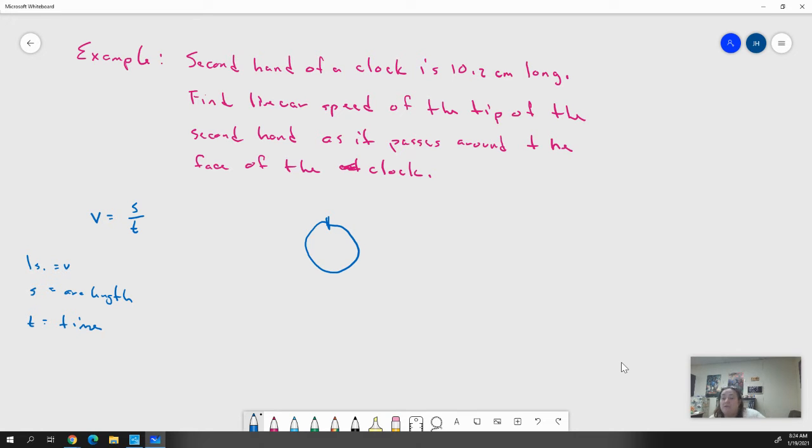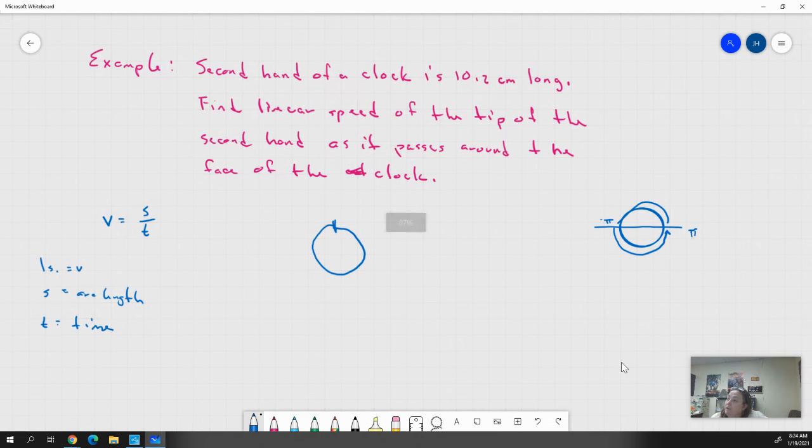In this case, our arc length would be 360 degrees, but we need it in terms of radians. We talked about this the last time I saw you, that halfway around a circle is pi. So all the way around the circle would be 2 pi.